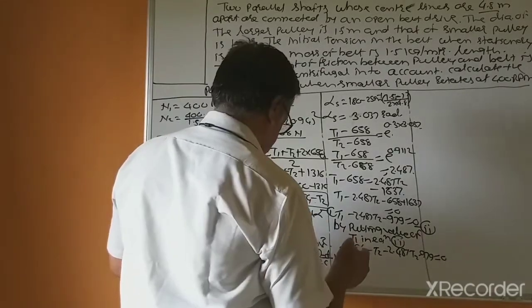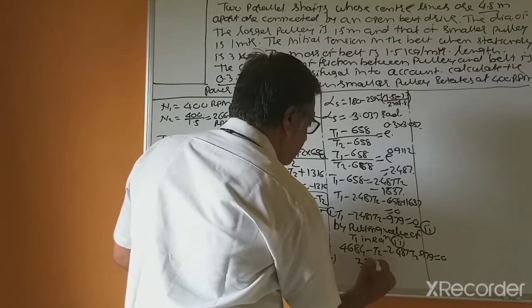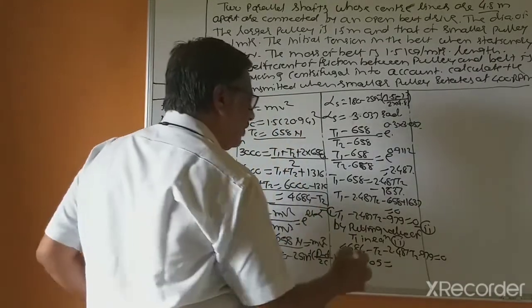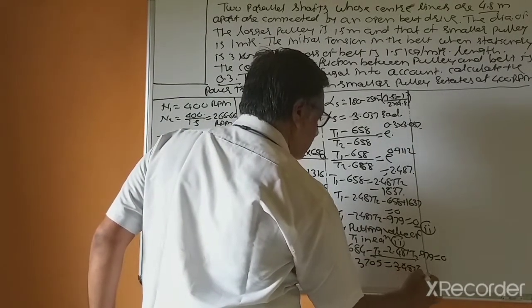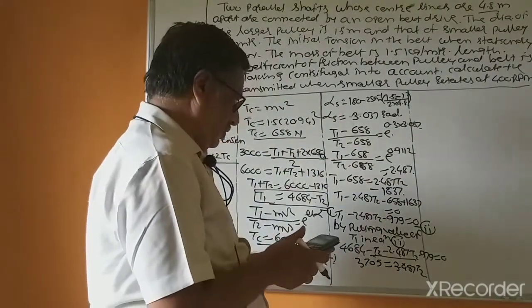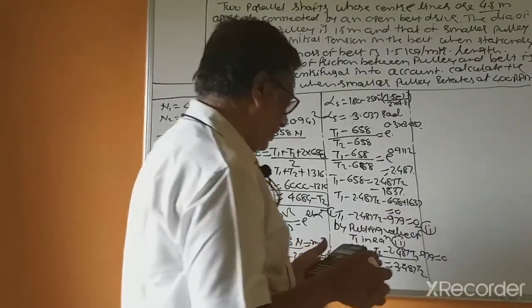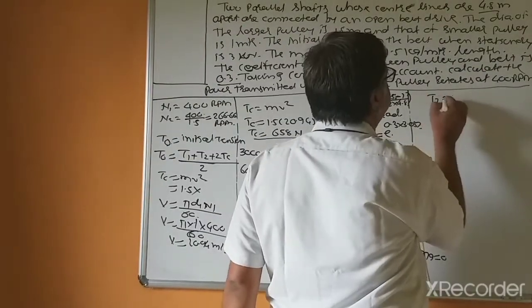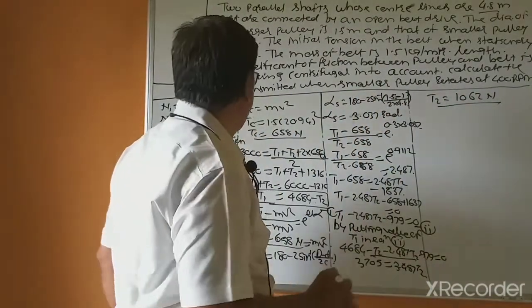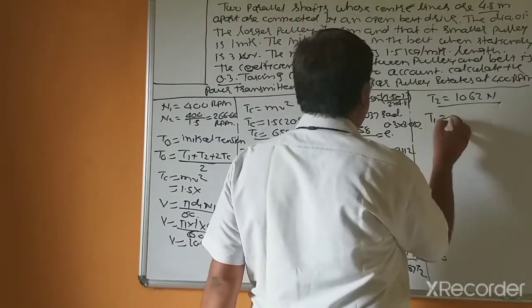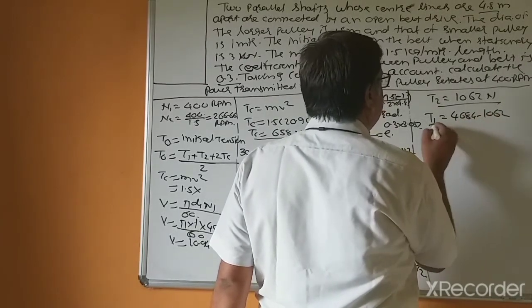So 4684 equal to 3.487 T2. Now divided by 3.487, so T2 equal to 1062 Newton, and T1 equal to 4684 minus 1062.